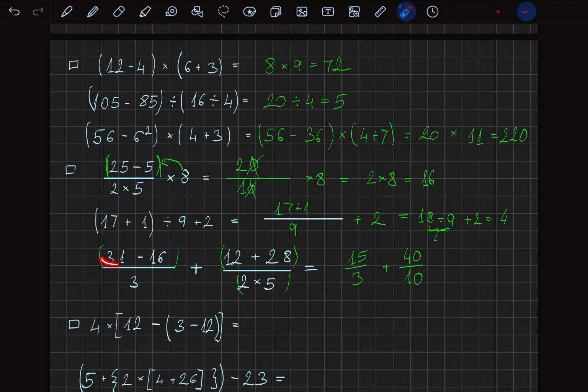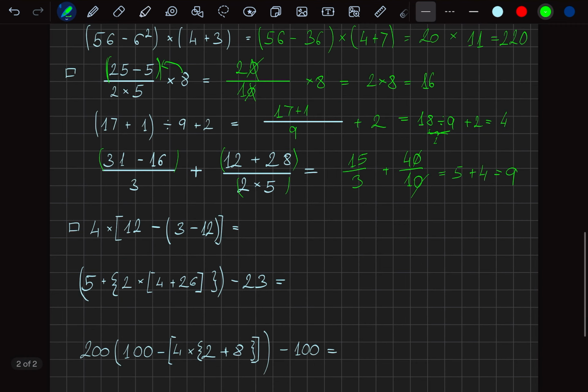So I just do this here, here, here, and here. Okay, so I'm just moving with my eyes like tuck, tuck, tuck, tuck. So it's 5 plus 4. 15 divided by 3, it's 5, plus 40 divided by 10, it's 4. So it's 9.